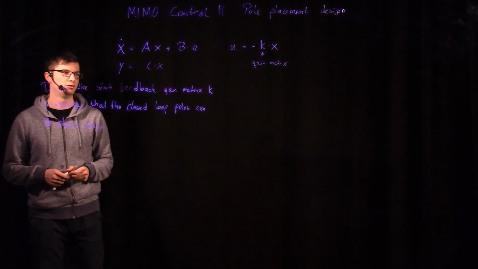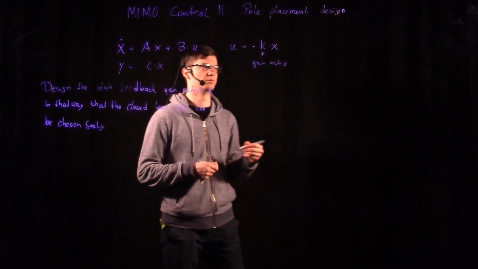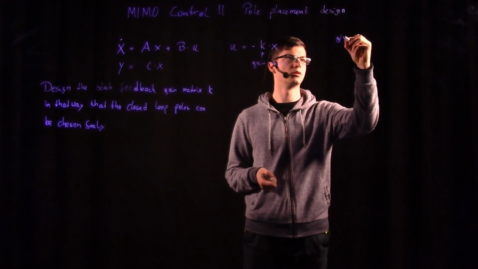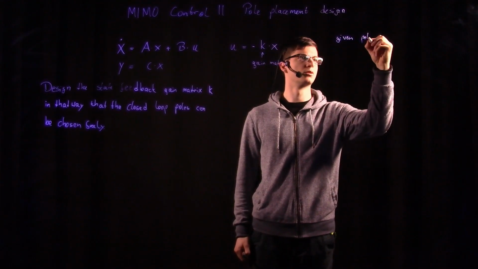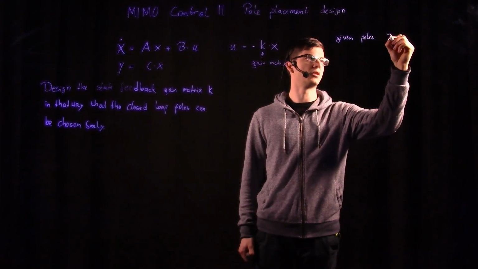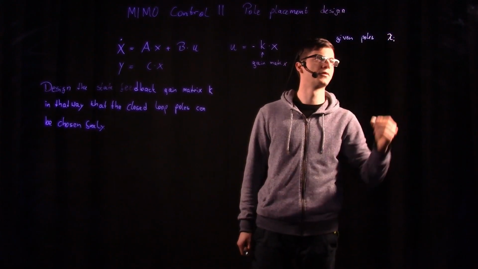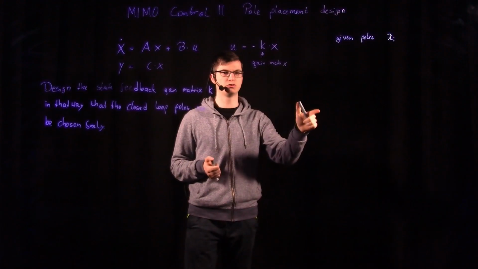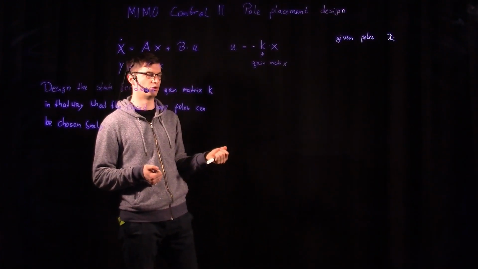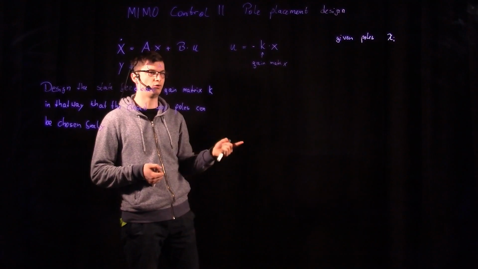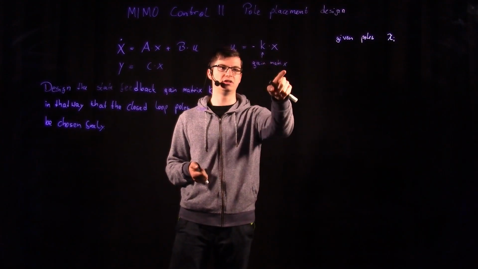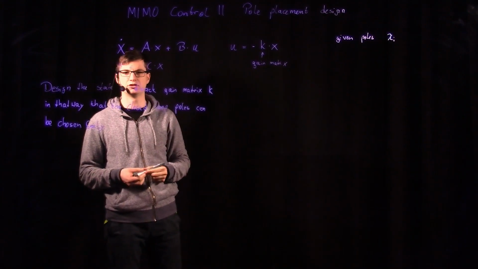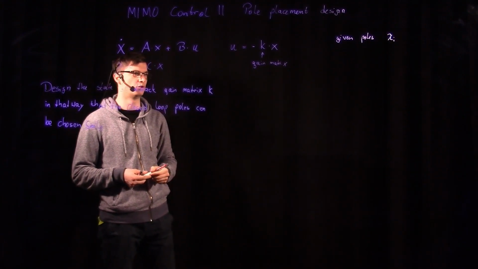We will start with some given poles, and we will call them lambda i. And we say, okay, we need our system to have those poles to be stable and controllable. And now we will derive this gain matrix K in that way that the overall system will have those poles.